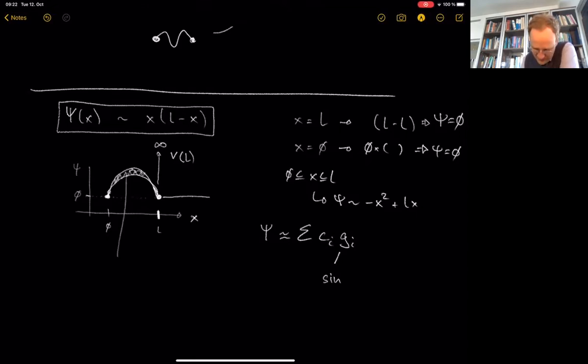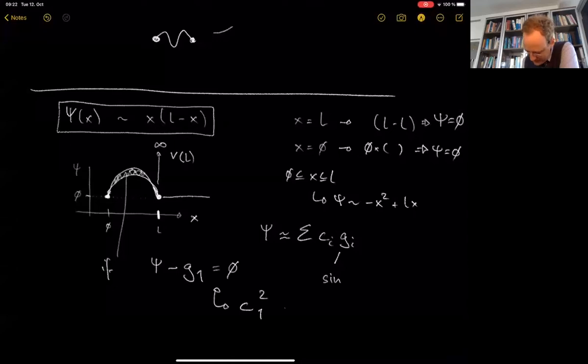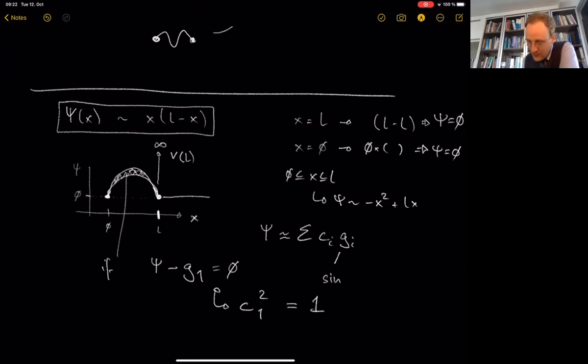Now, if that difference was 0, if delta psi, so if the difference between psi and G_1 was 0, then your C_1 squared, which is the probability, must equal 1, which means that you fully recover exactly the wave function with this one eigenfunction, right?